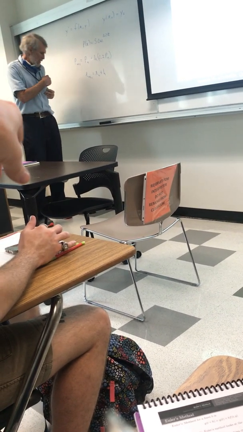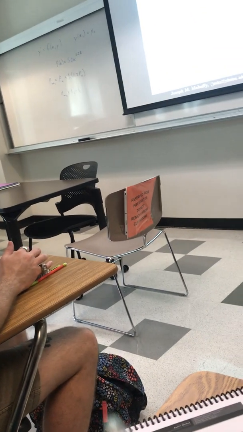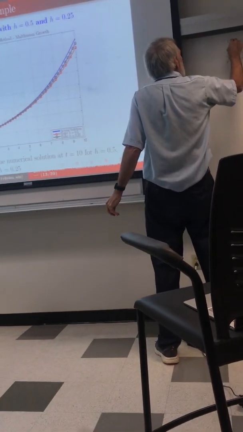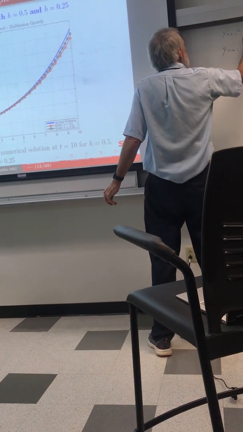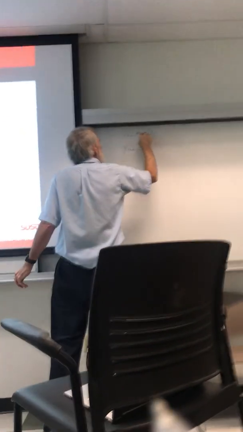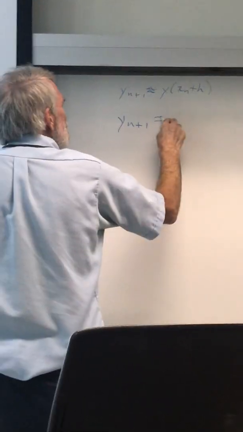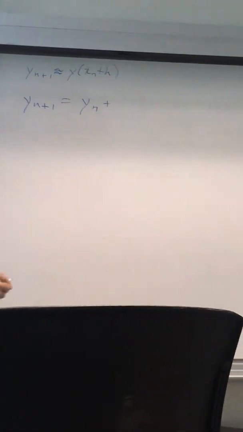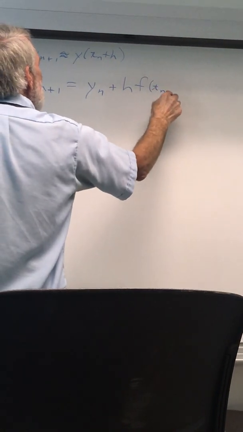The general formula for the first one that I have on the top line is y_{n+1}. Again, y_{n+1} is an approximation of y at t_n plus h, and it is going to be equal to the previous y value plus h times f of t_n, y_n.